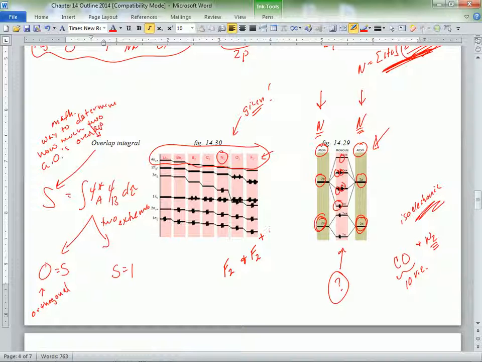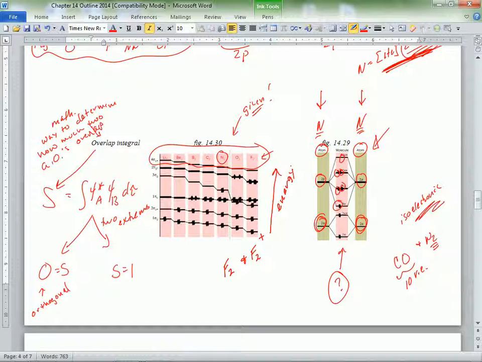What would be easiest? This is really energy, because nature's going to do what's easiest. I'm not saying this is going to be easy, but you put enough energy in, you can do it. Would it be easier to pull out an inner electron? Yeah, the highest. You're going to pull out the highest energy valence electron.